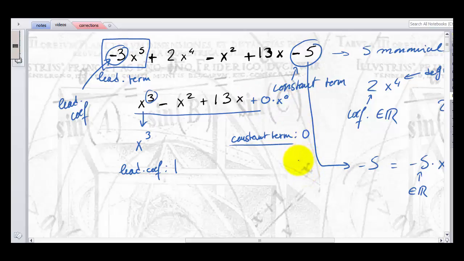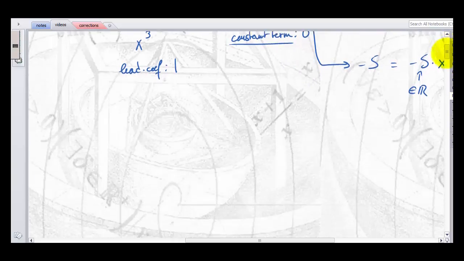All right, well, with that in mind, we can now generalize this polynomial. And the way to write a generic polynomial is this way.